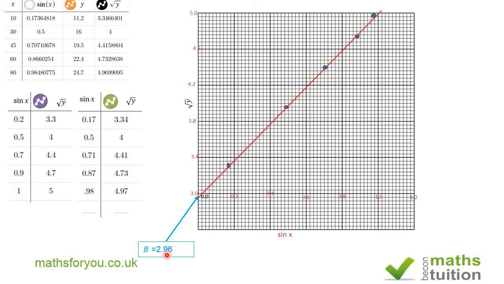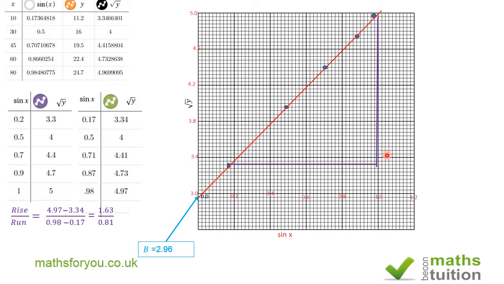Now to find a, we need to find the rise and the run. First the run, that's our run, and then the rise, and that's our rise. So the gradient is going to be rise divided by run.